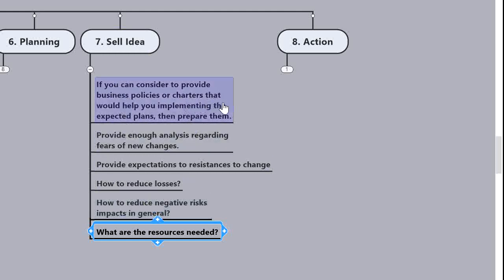All of these aspects should be included in the resources, and it's critical to be done and calculated for the future.